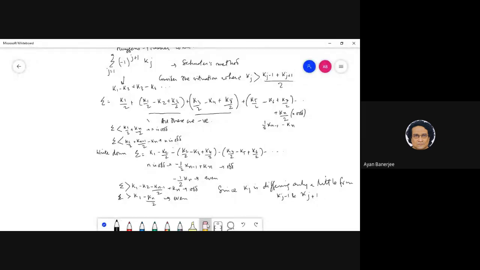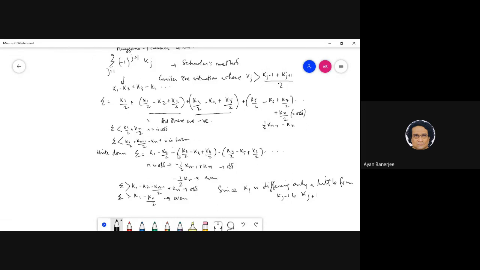So what we tend to say is that this case and this one are very similar.